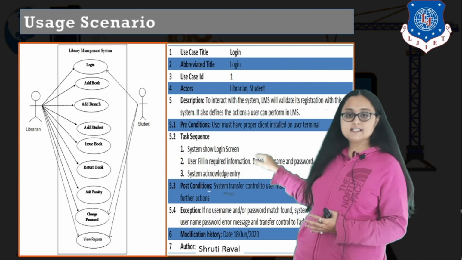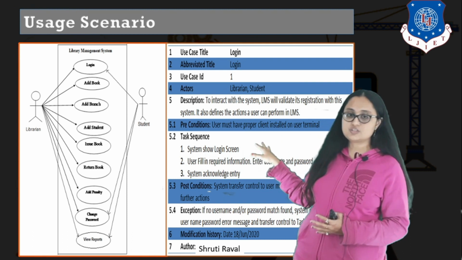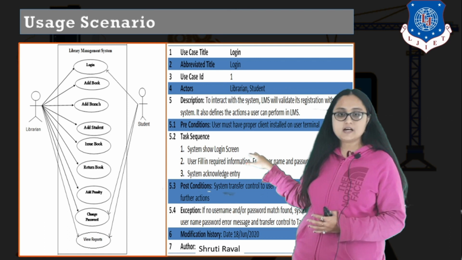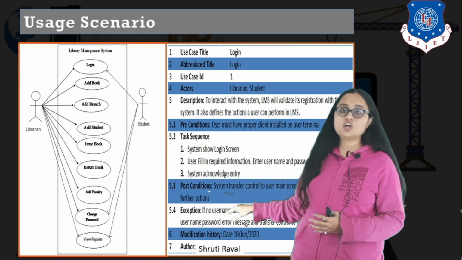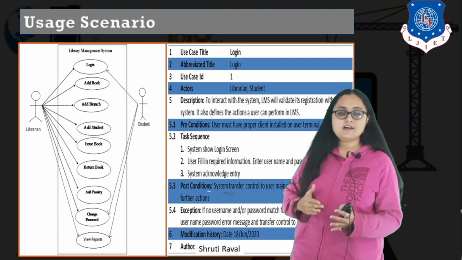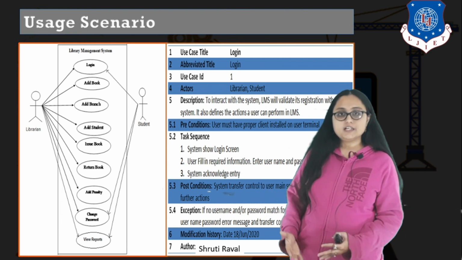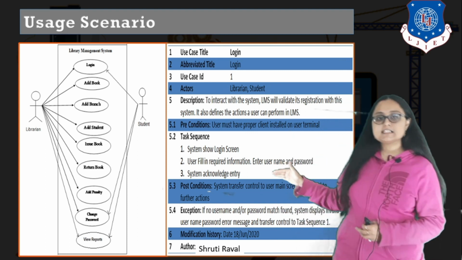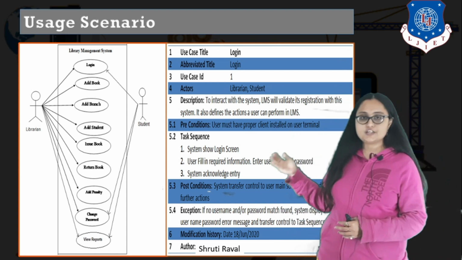Here you can see the sequence has been written. The system shows the login screen, the user fills in the username and password, and the system acknowledges according to the entry, that is whether you have entered the correct information or not, right? So these are the task sequence for the use case that you have to write.